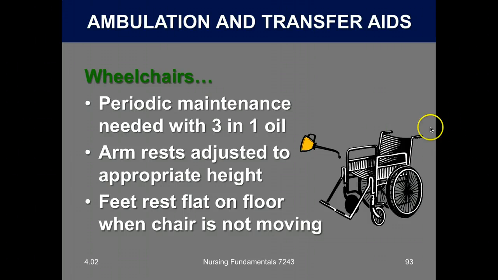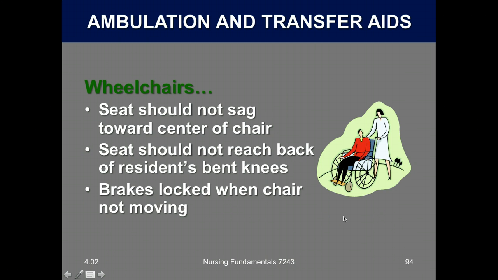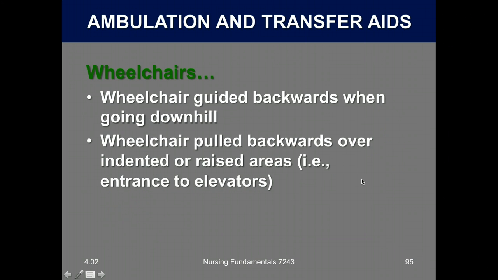The armrests adjust to the appropriate height, and the feet rest flat on the floor when the chair is not moving. Seats should not sag towards the center of the chair. The seat should not reach the back of the resident's bent knees. It shouldn't quite touch. The brakes are locked when the chair is not moving.